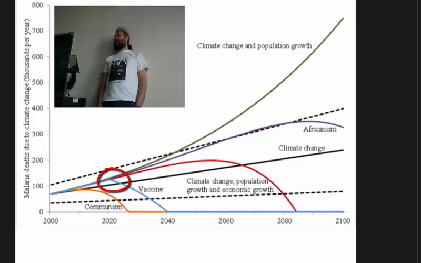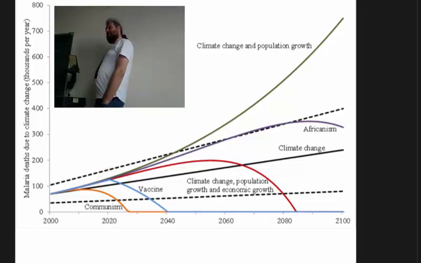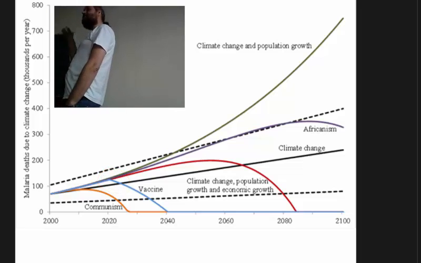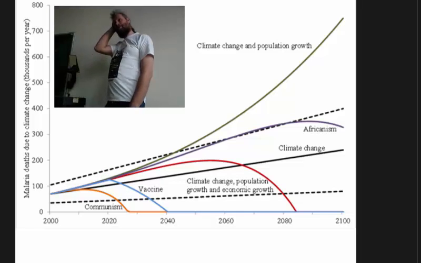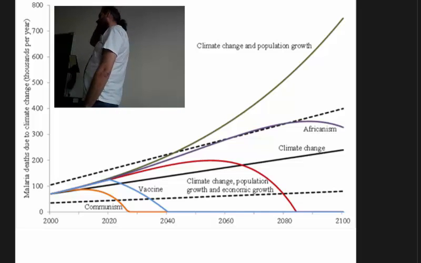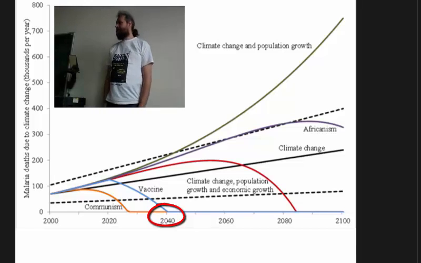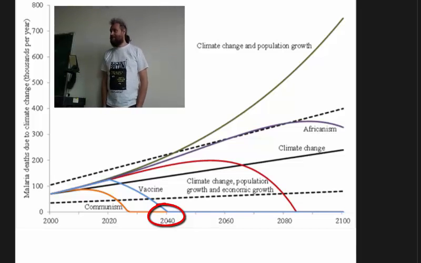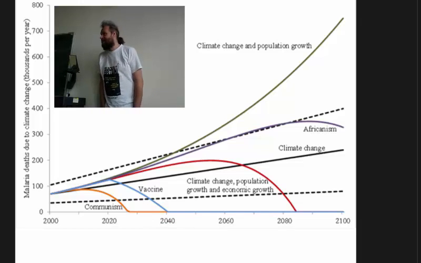And the assumption here is that unlike Microsoft operating systems, it will actually be delivered in time. It took 20 years to roll out the polio vaccine across the world. So that's the assumption that you see here, the malaria vaccine comes on the market in 2020, and in 2040 the disease is eradicated. And it's not just climate change induced malaria that is eradicated in 2040 in this scenario, but all malaria. Bill Gates succeeds.